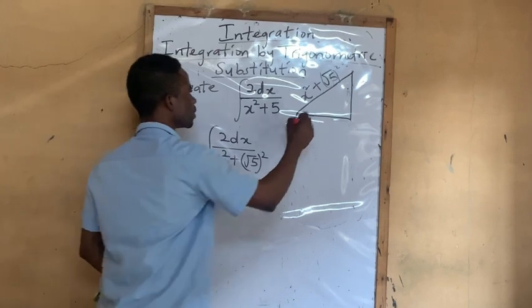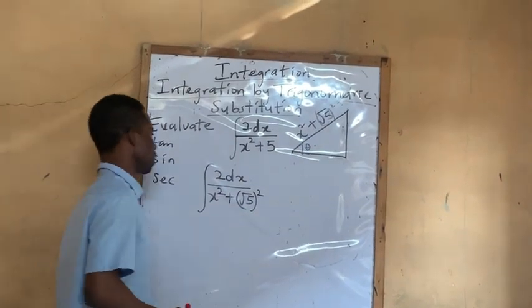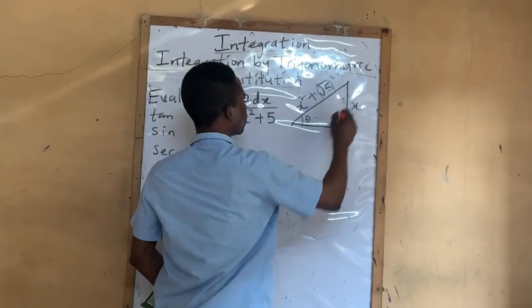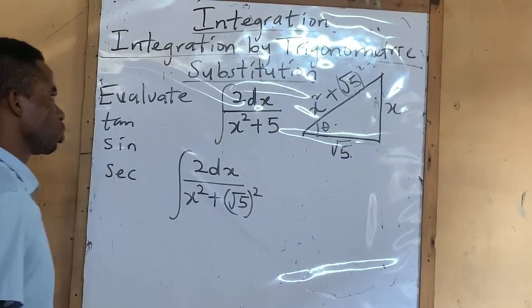Now, if I put my theta here, my opposite is going to be x, while my adjacent is going to be root 5. You should not forget that.